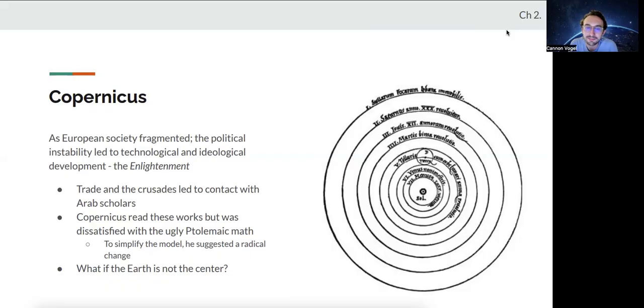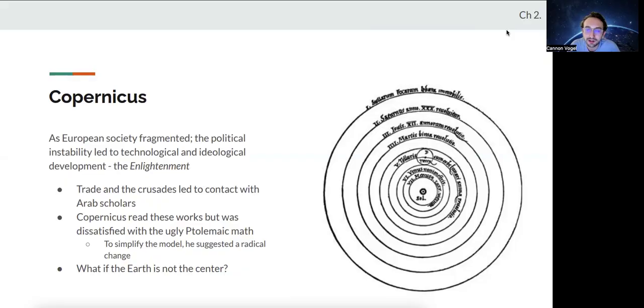And so they learned a lot of things from this contact, from contact with the Arabs during the Crusades, from trade with all different parts of the world, and also through conquest and genocide and a lot of really bad things. But basically in this process, Europe became the center again of astronomy, and Northern Europe for the first time became the center of astronomical development as a science.